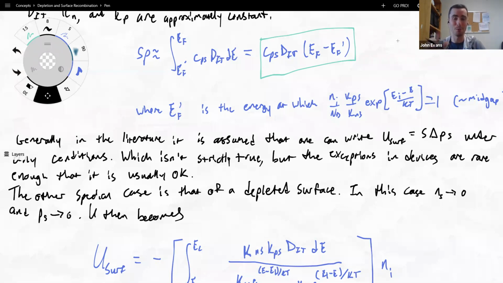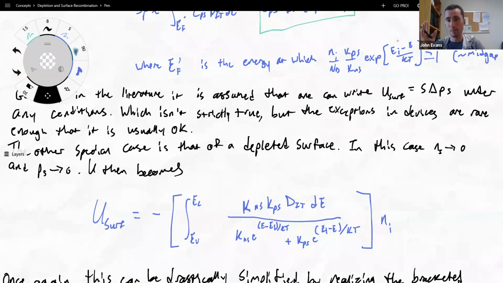Strictly speaking, that's not true. You have to say that we're making these assumptions, and that doesn't always work, but it works like most of the time. So just be aware that if you see this in the literature, check their assumptions, make sure that this is actually something that they could apply. So just make sure that you're aware of that.